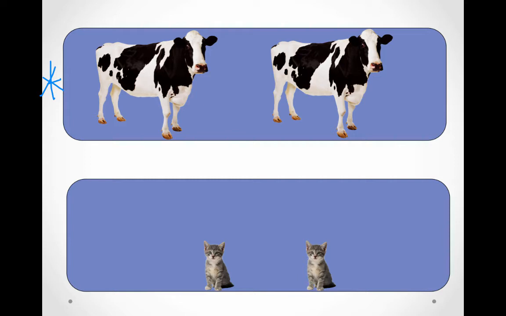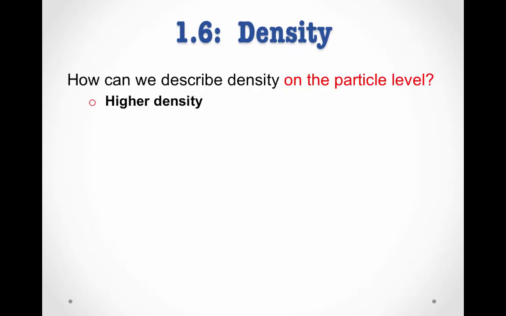Let's try to compare this approach to density to the particle level. On the particle level, a higher density can mean a few different things. First, it might mean that you have more particles per unit volume. This would be like the first train situation, where you had more people in the same volume.